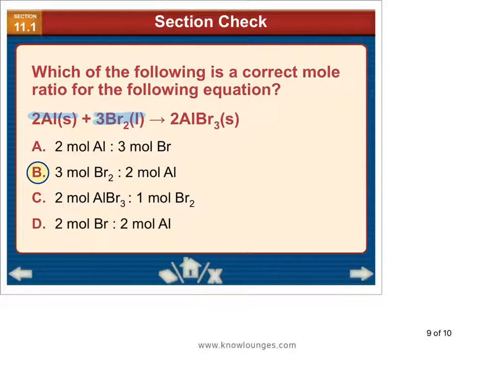The other ones: on A, we're missing a 2. On C, it should be 3 moles of Br2. On D, it should have 3 moles of Br2 for every 2 moles of Al.